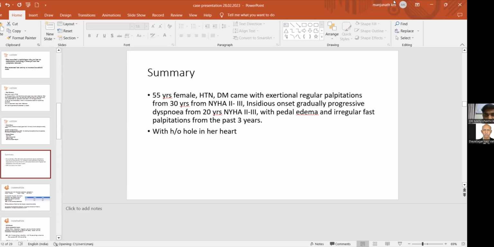Am I right, Rao sir? And along with that, AF also. Yeah, AF also. Because you are telling atrial fibrillation, because towards the end, finally the patient developed irregular palpitation, no? Yes, sir. Irregular, unrelated to exertion, signifying that the patient has developed AF. So hypertrophic cardiomyopathy, AF, right heart failure, the patient will be very, very sick.